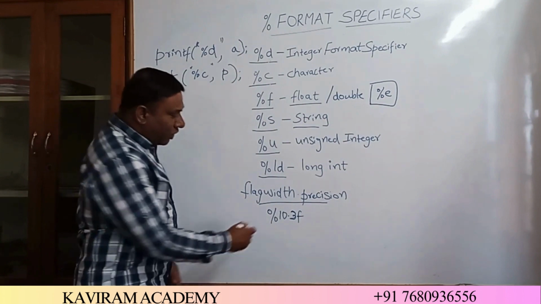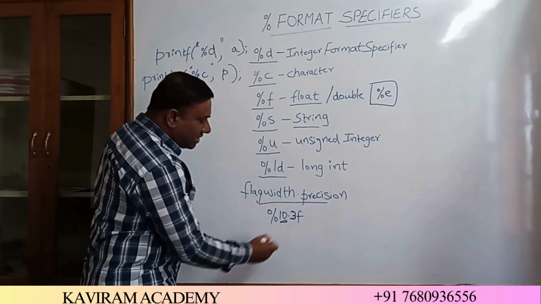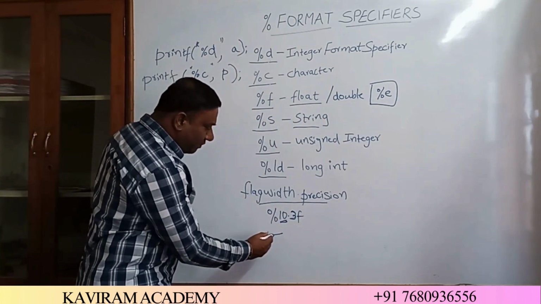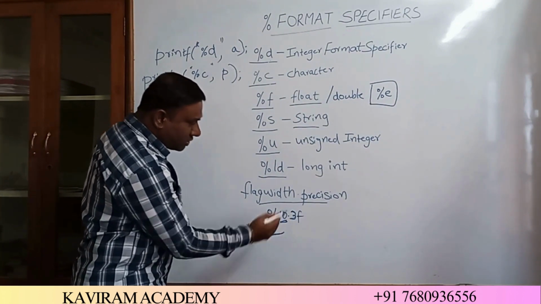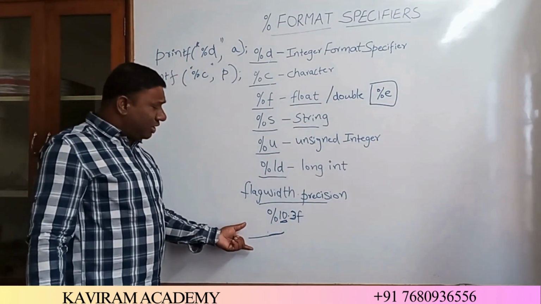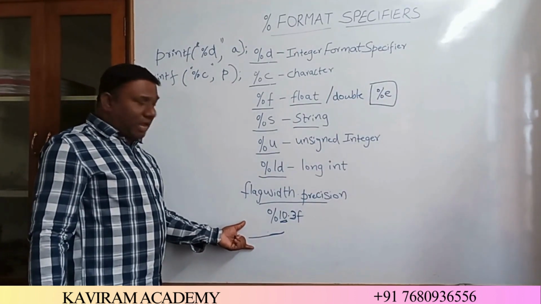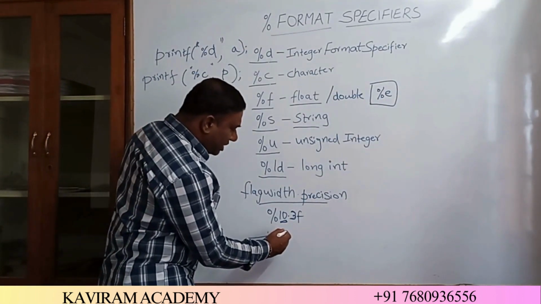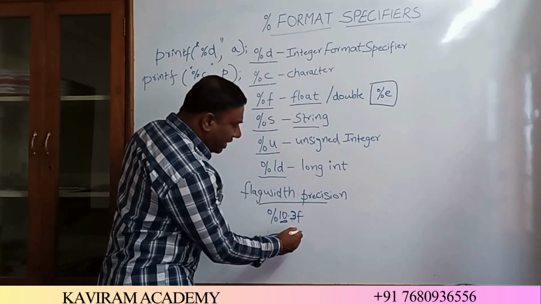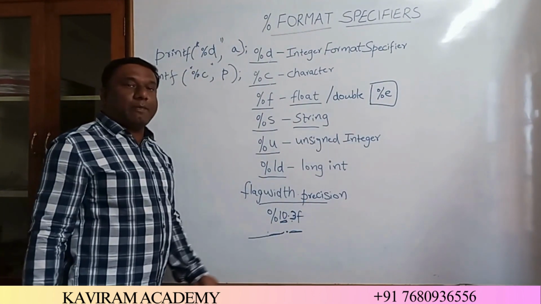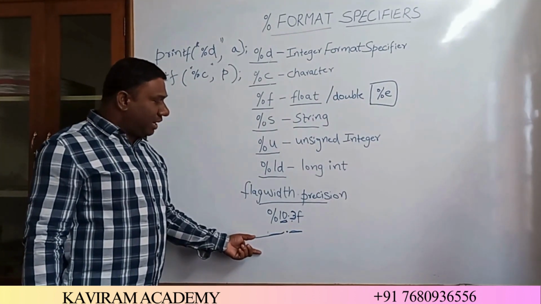And here if you can see 10, this is the width, so it will print with left adjustment 10 width for your float value, and dot represents this one, and this 3 represents that I need only 3 decimal point values to be printed.